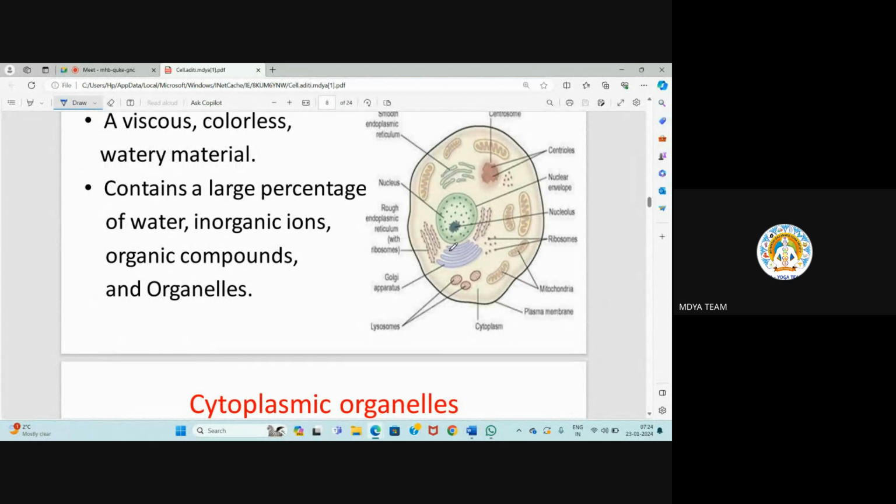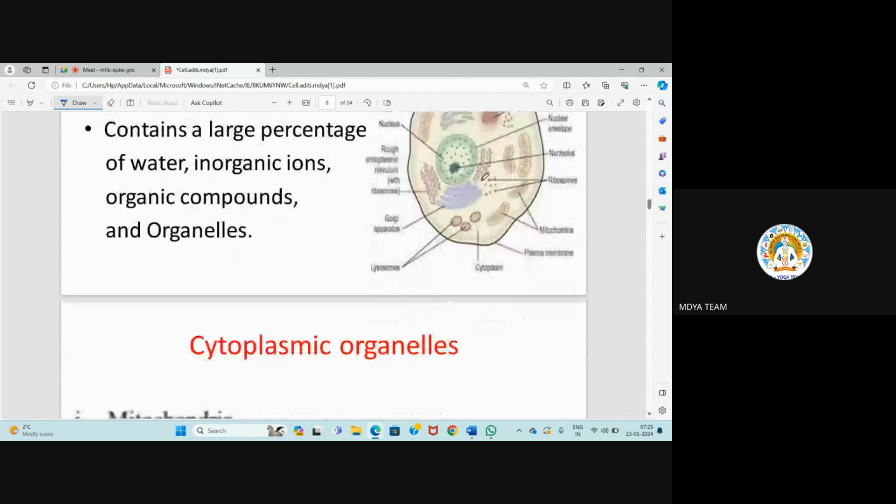Golgi apparatus are also near the nucleus only. Here you can see this is the smooth endoplasmic reticulum. I interpreted wrong earlier, these are rough endoplasmic reticulum and these are smooth endoplasmic reticulum. These are mitochondria, ribosomes, lysosomes, and these are centrioles. We'll note all this further.